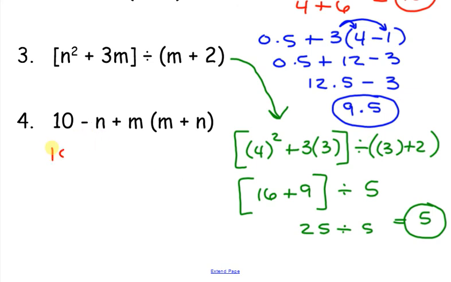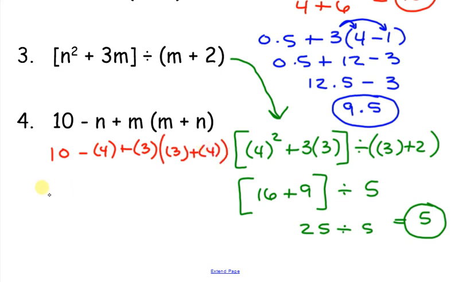All right, and then I have my last problem, which is going to be right here. So I have 10 minus, instead of n, I'm going to use 4. Instead of m, I'm going to use 3. Ooh, this looks like another distributive property here. Then I have, instead of m, I have 3, and instead of n, I have 4.